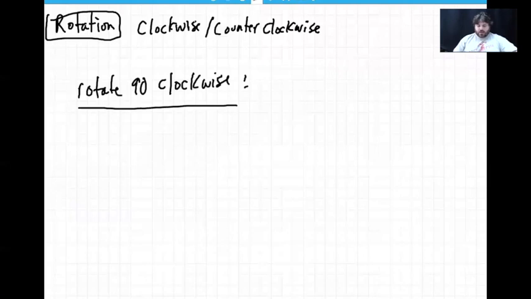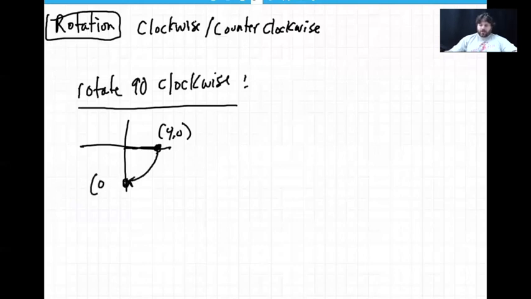Okay, so easiest way to think about this is to look at this point right here, (4, 0). If I rotate clockwise 90 degrees, it is going to end up down here at the location (0, -4). So what happened there? Those two numbers switched, and then we flipped the sign of the 4 to a negative. Okay?